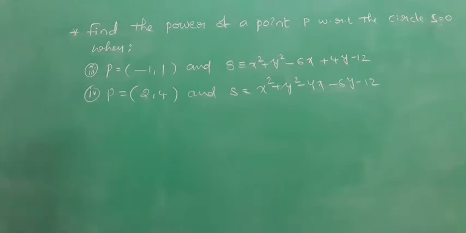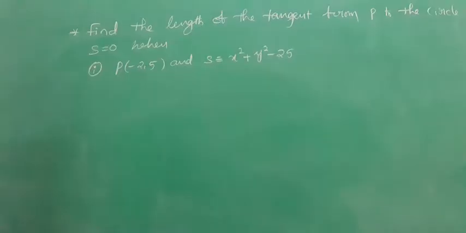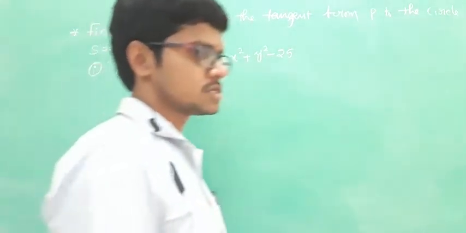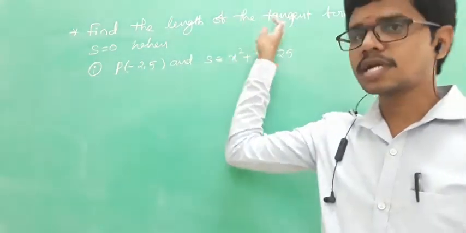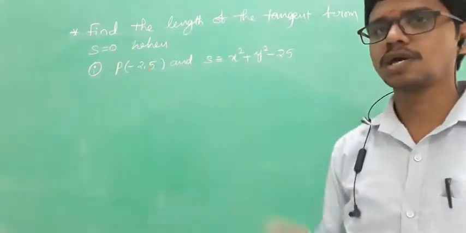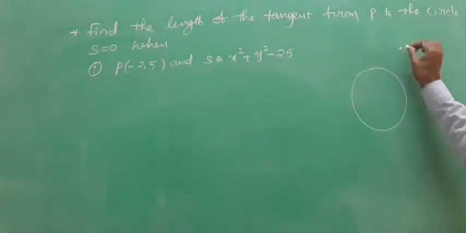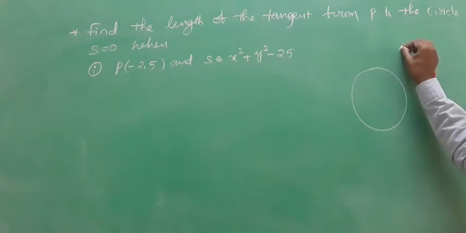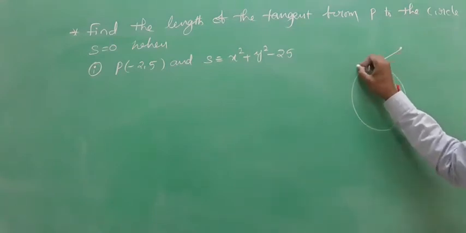Next we are going to discuss the tangent, the length of the tangent. See students, in this problem, find the length of the tangent from a point to the circle. Length of the tangent means, this is a point outside the circle.